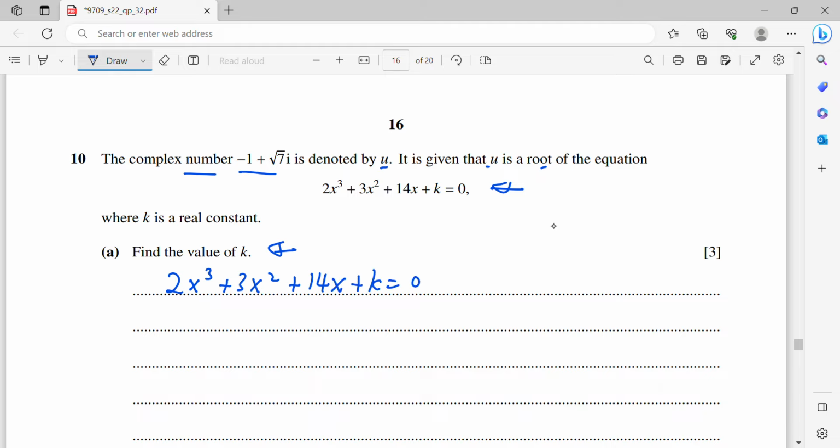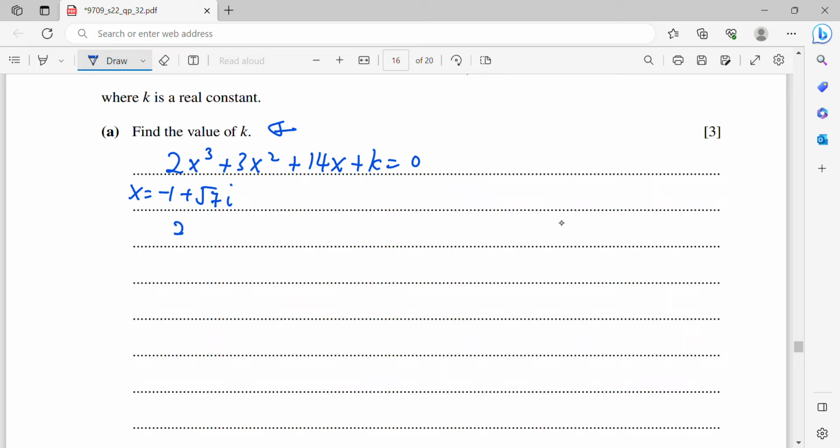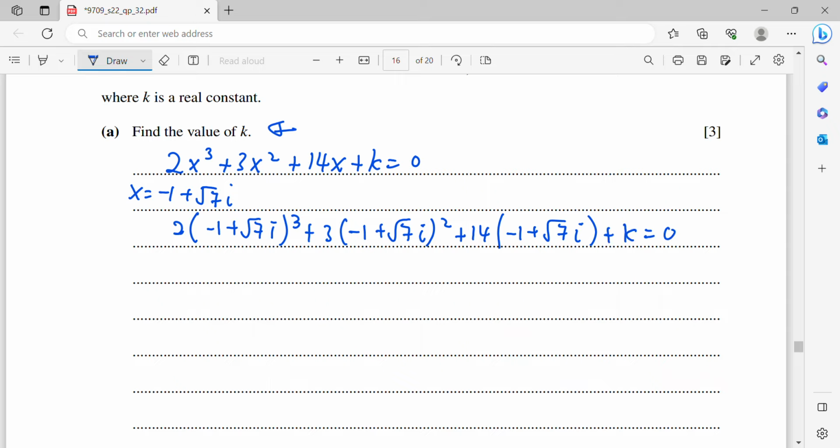So now your x is minus 1 plus square root 7i. Right, so 2 brackets minus 1 plus square root 7i cube plus 3 times minus 1 plus square root 7i squared plus 14 times minus 1 plus square root 7i plus k equals to 0.